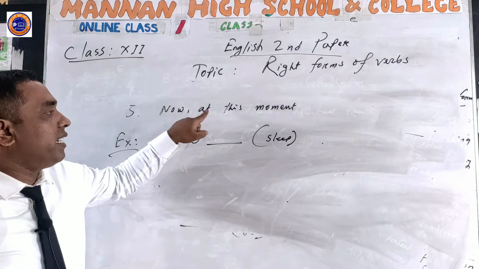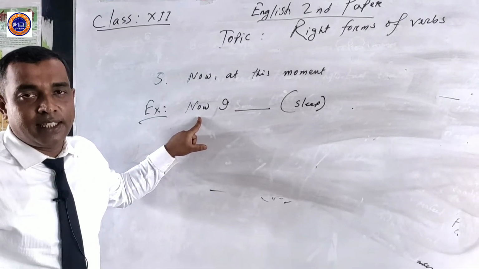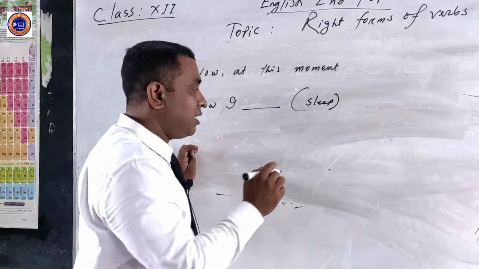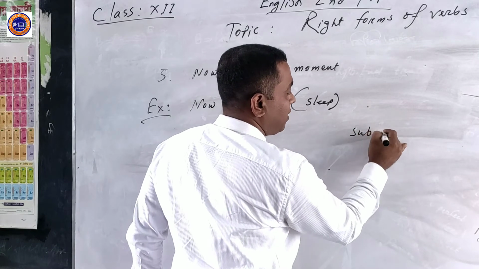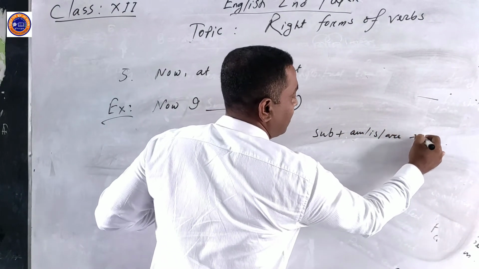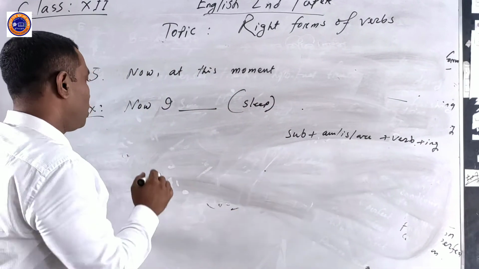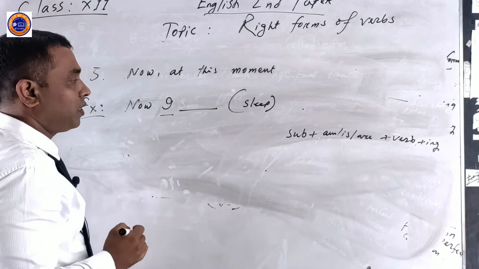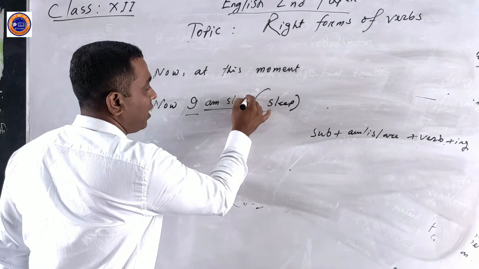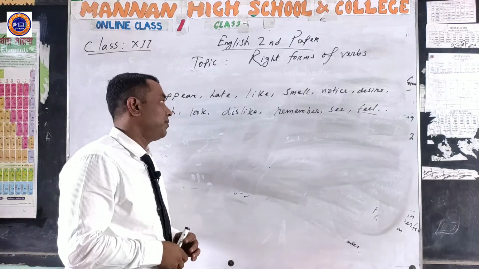If now or at this moment is present in any type of sentence, you must understand that this sentence will be present continuous tense, and the structure of present continuous is subject plus am, is, are plus verb plus ing. So I is first person, so we have to use am sleeping. This is the answer.